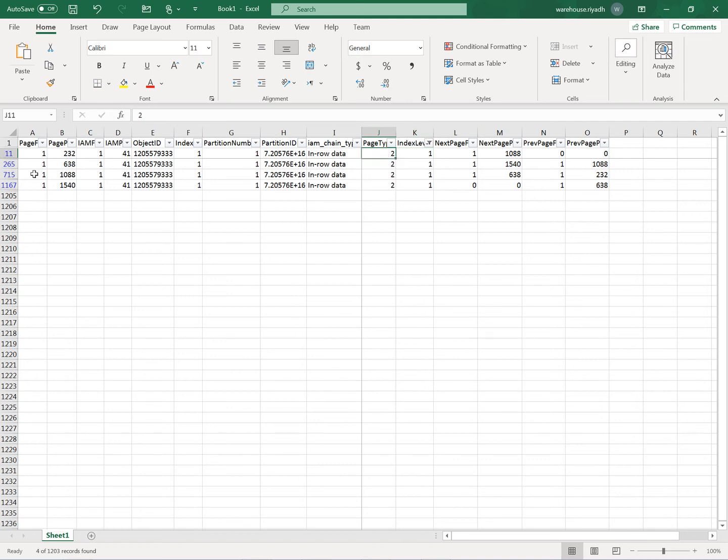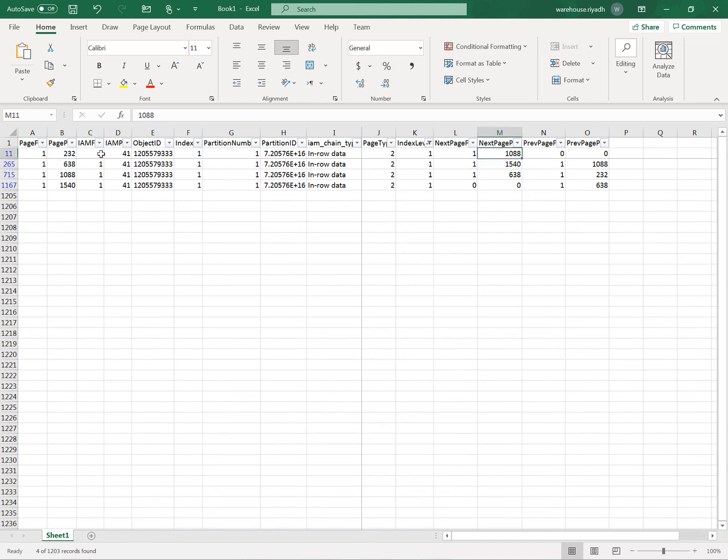The first page is 232, which is an index page, and in the header of this page the next logical page is 1088. So when the storage engine scans this page and all the records on it, it will then go to the header and check what the next page ID is. The next page ID is 1088.